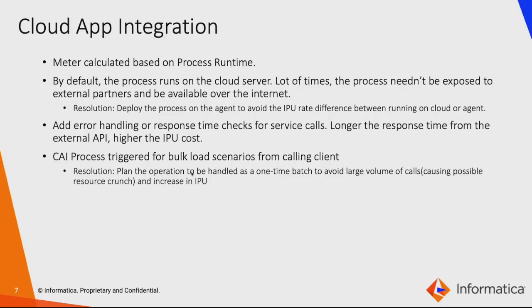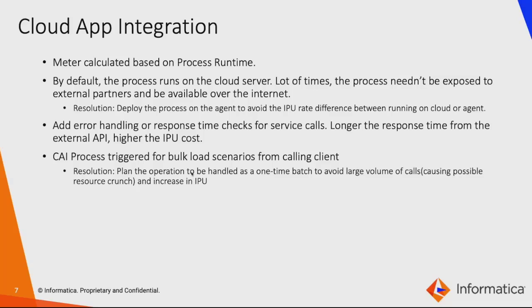Now there could be scenarios where you wouldn't have to publish your process to external partners, or it need not be available on the internet or deployed on our cloud service, which is hosted by Informatica, right? So which is on our infrastructure. And if you actually look at the rate card, the conversion rate for deploying the CAI process on the cloud server is actually higher than deploying on the agent.